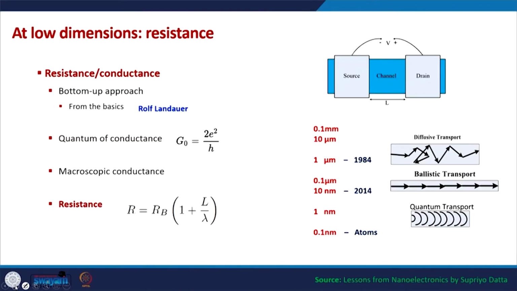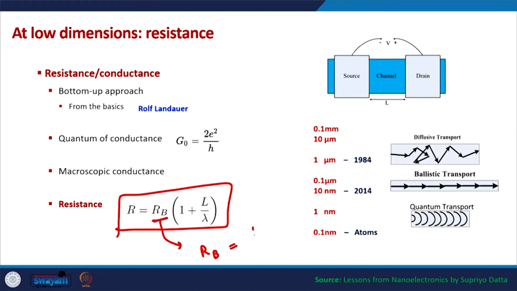So building with this, the macroscopic resistance can be calculated and the total resistance can be given by this expression, where Rb is the ballistic resistance, and for a single mode it is 1 by G naught.